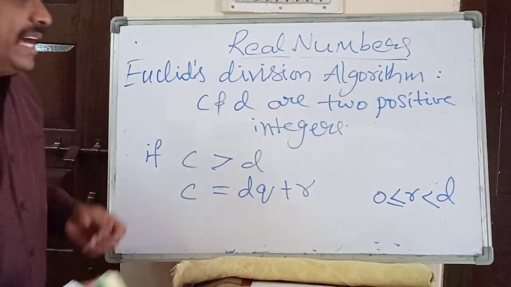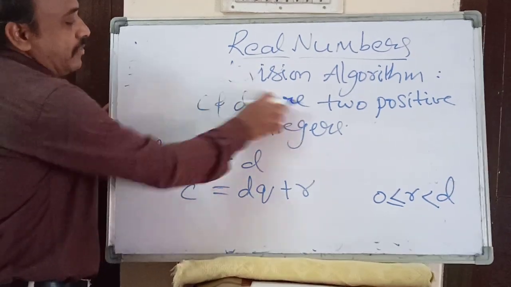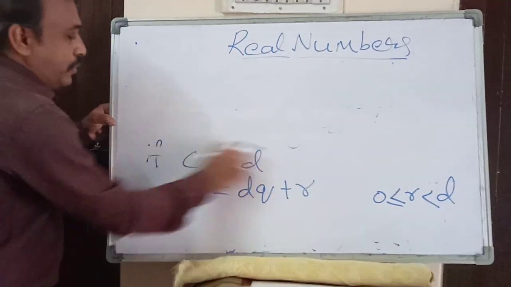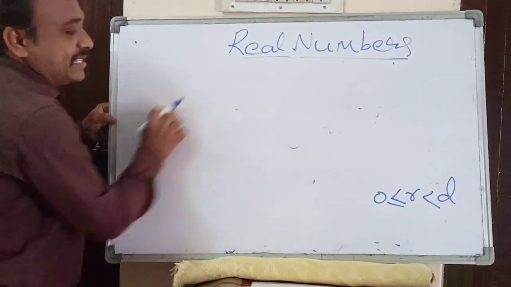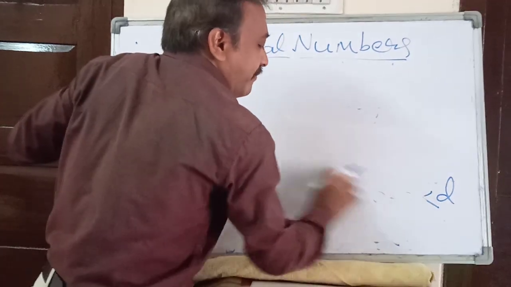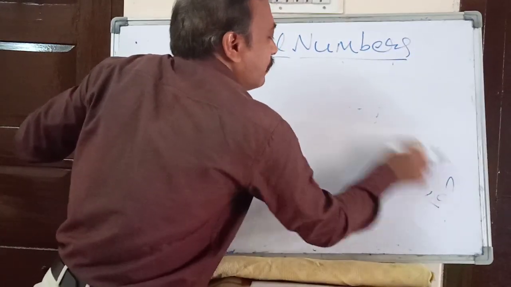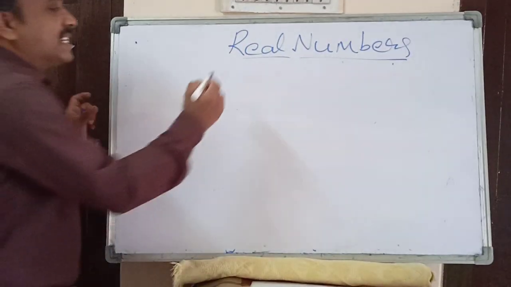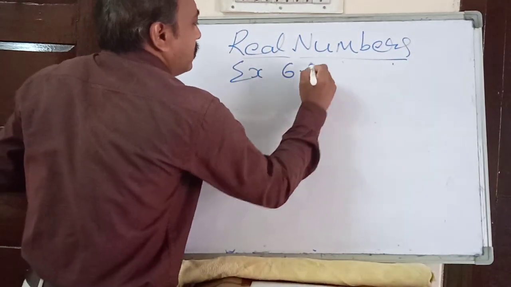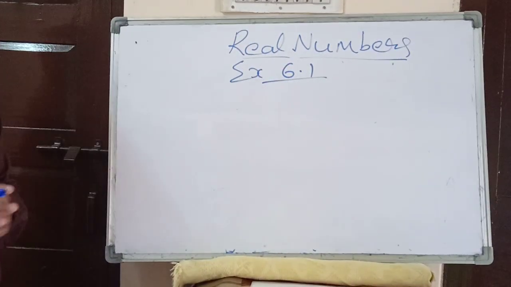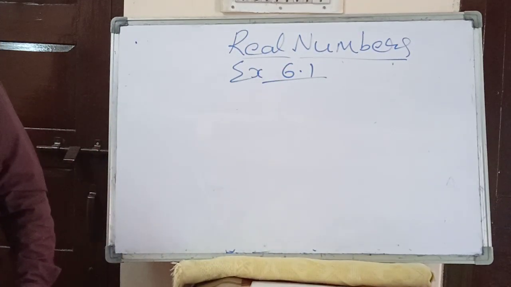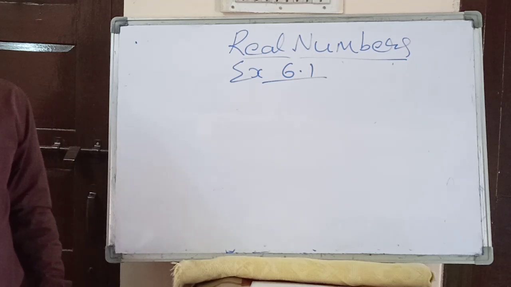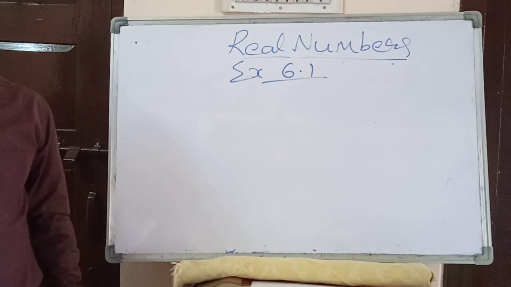Based on this, I will explain a question from Exercise 1.1. This type of procedure for finding HCF, even in class 5 we learned as long division.